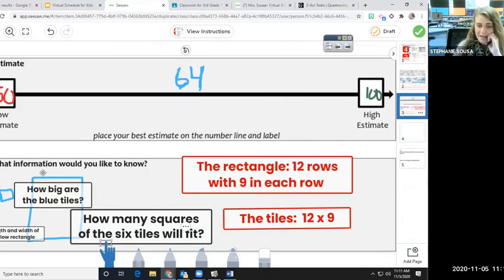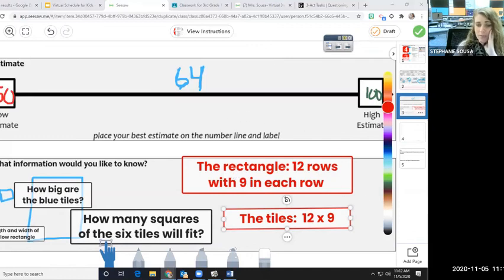So tonight, I'd like for you to think about how you might solve this because we aren't going to have time to finish this one today, and that's okay. Tomorrow, we will finish up solving this 3-act task.